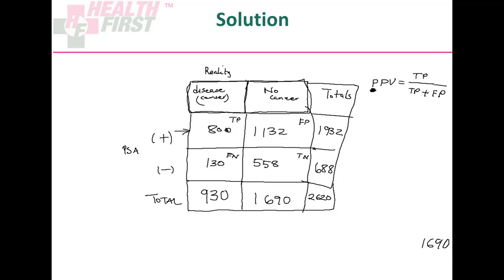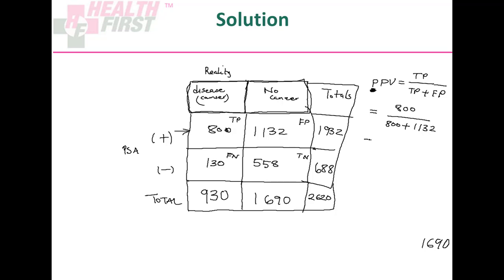So this gives us 800 divided by true positives, which is 800, plus false positives, 1132, right?